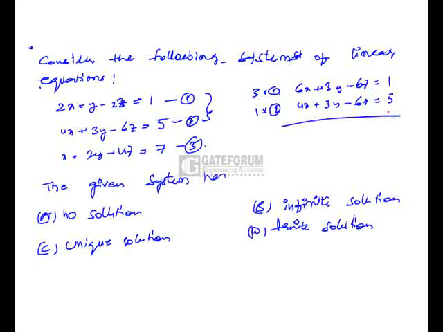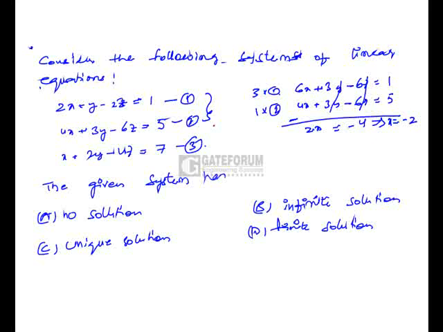Let us subtract these two. We get 2x, the other terms get cancelled, and 3 minus 5 is minus 2. This implies x is equal to minus 1.